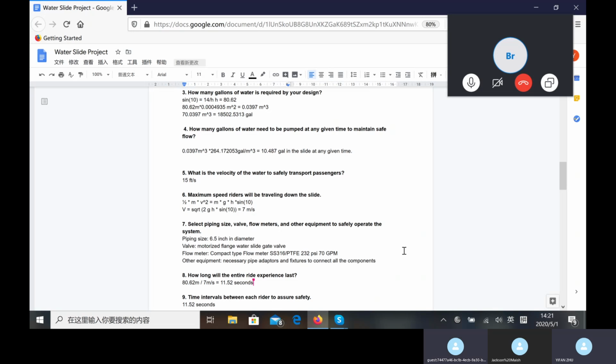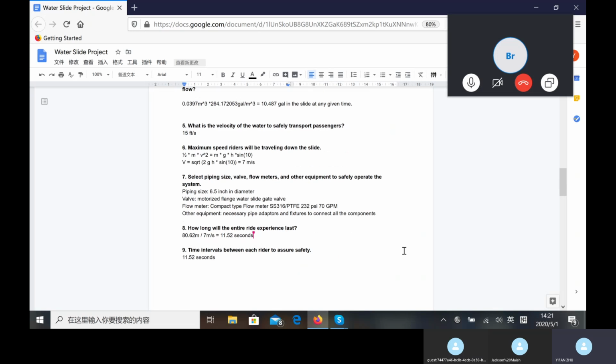For the flow meter, we choose a compact type flow meter, which gives us up to 7 gallons per minute capability to measure our fluid performance. And of course, other equipment like necessary pipe adapters and fixtures are needed to connect all the components.